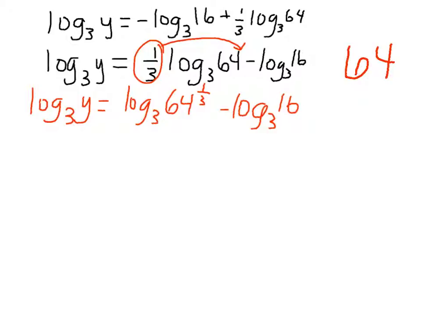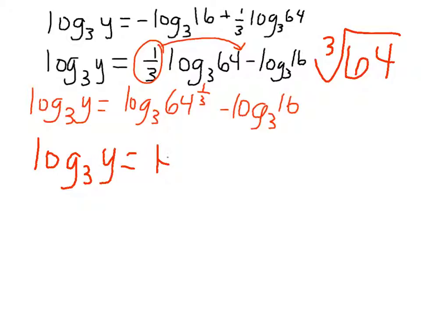So I'm really thinking about the cube root of 64, and the cube root of 64 is 4. So I can really rewrite this as log base 3 of y equals log base 3 of just a plain 4, again because the cube root of 64 is 4, minus log base 3 of 16.